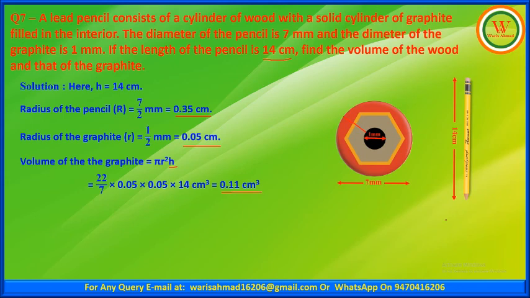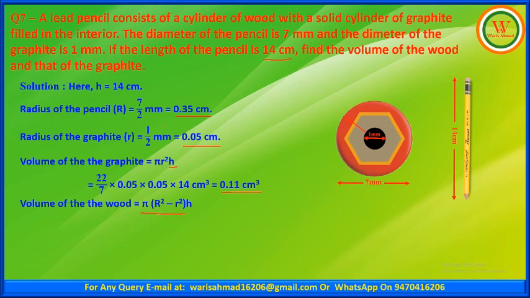Since the wood is a hollow cylinder, we have to use the formula volume of wood equals pi under bracket capital R square minus small r square into h, because whenever we take out this graphite from the pencil, we have a hollow cylinder, and the formula to find the volume of a hollow cylinder is pi into R square minus r square into h. That's why we have to use this formula.